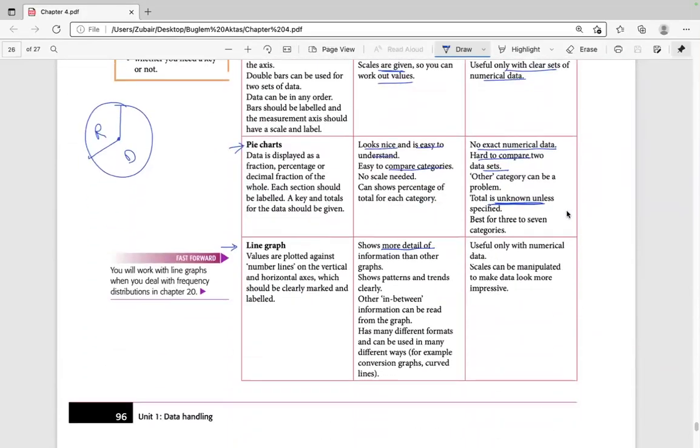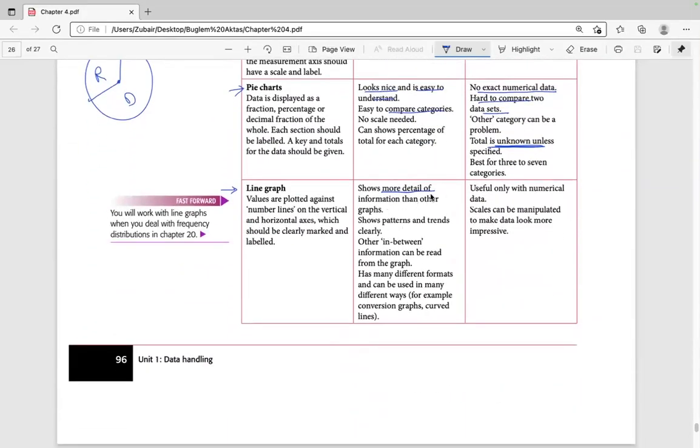Actual data is there, so it shows more detail than other graphs, and shows patterns and trends as well. In-between information can be read, which we just discussed. It is known as interpolation.